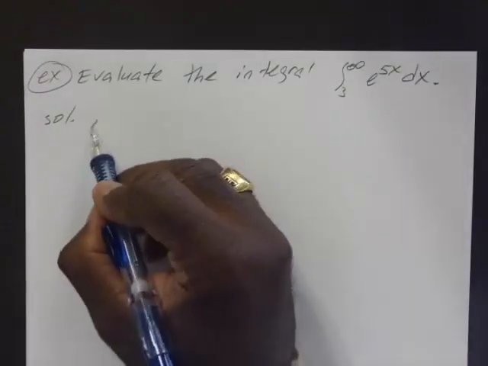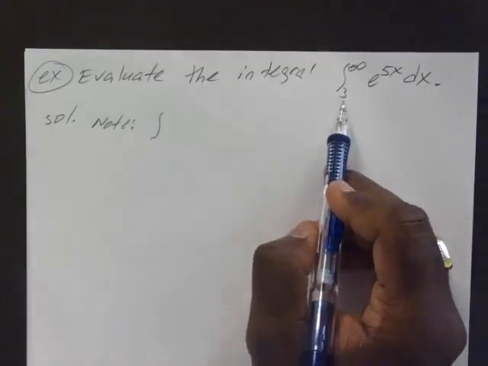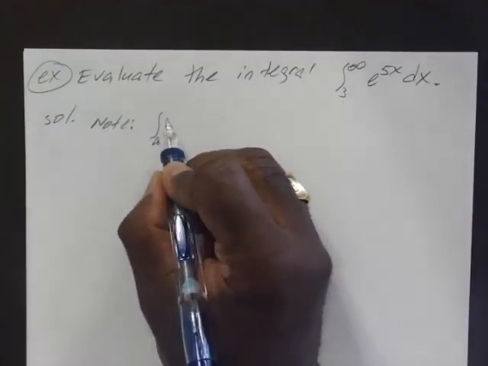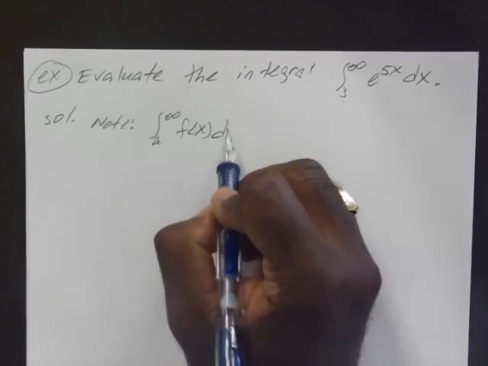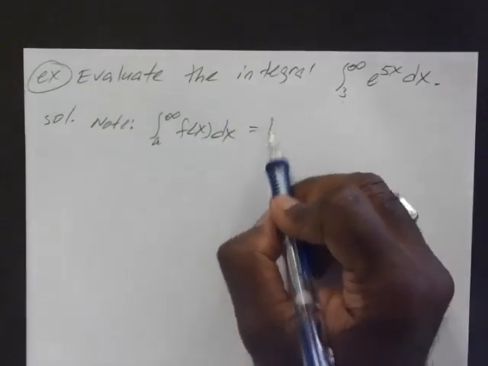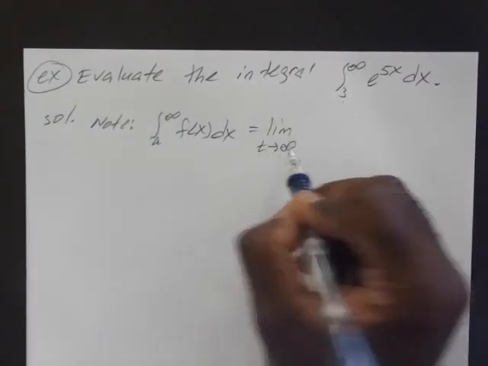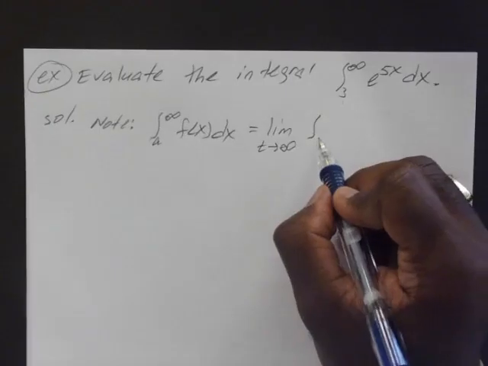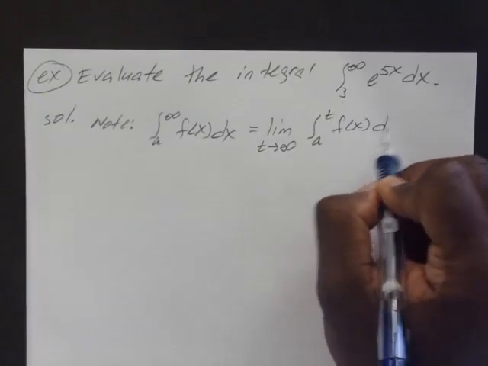Okay. So again, we know that the integral from a constant to infinity of some function f of x with respect to x is equal to the limit as t approaches infinity of the integral from that constant to t of f of x with respect to x.